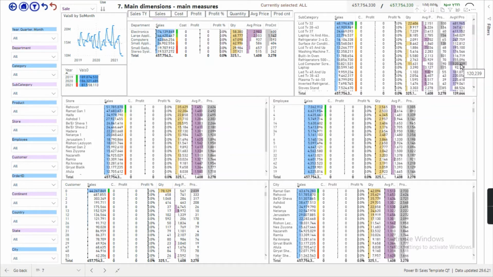And each type of LCD computer screen is giving this amount of sales for 3 years. Okay, so not really something exceptional. I don't see anything outstanding here. Maybe here.